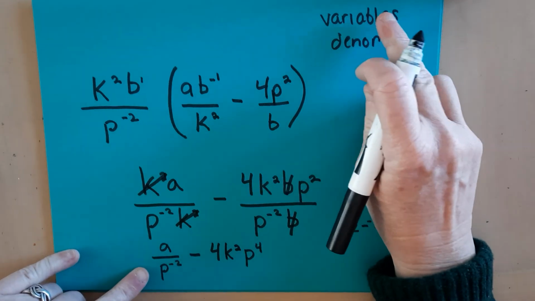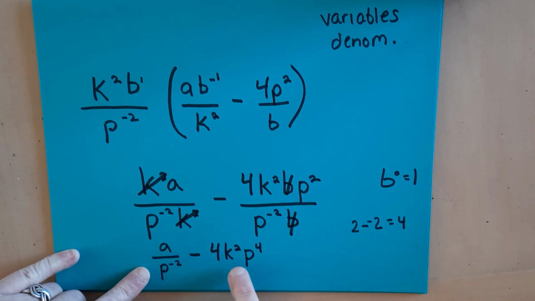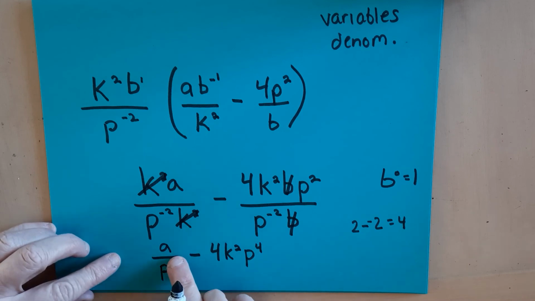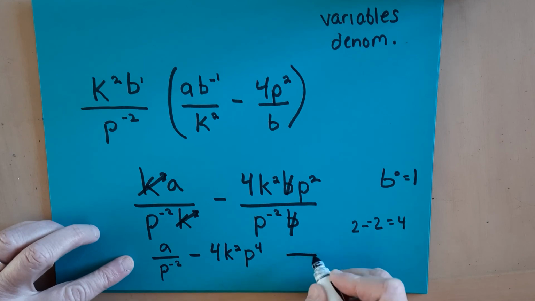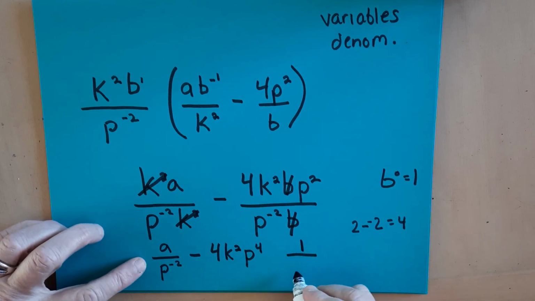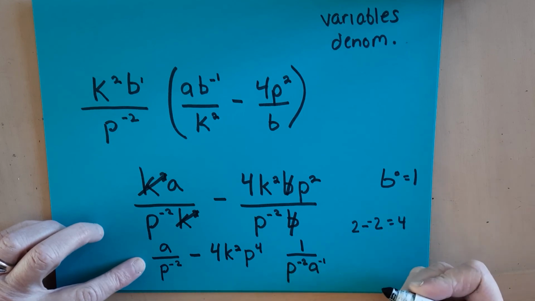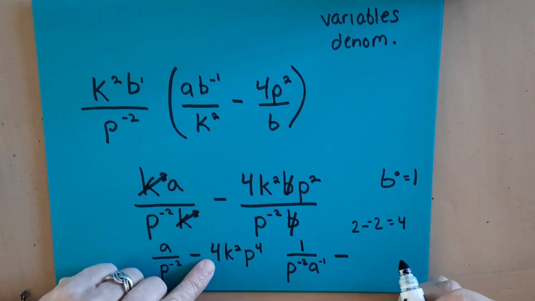However, they want us to write all the variables in the denominator. Right now, we have this variable and the k squared and the p squared are all in the numerator. So in order to transfer that down to the denominator, we have to switch it to a negative exponent. So we'll leave the 1 on top, and we'll say p to the negative 2, a to the negative 1. We're going to subtract. And now the 4 can stay on the top.